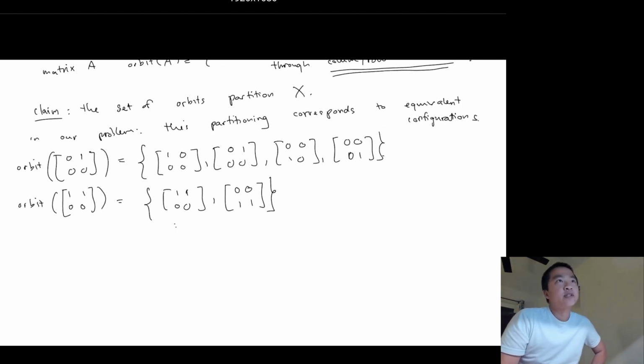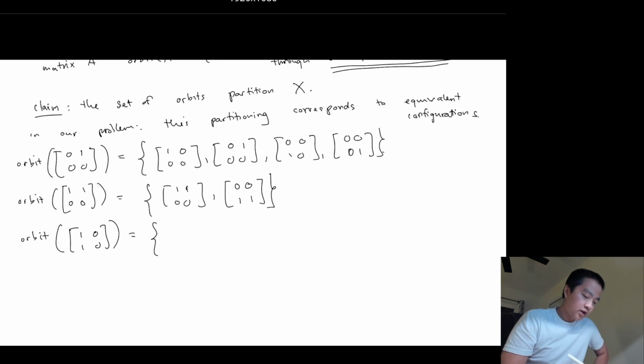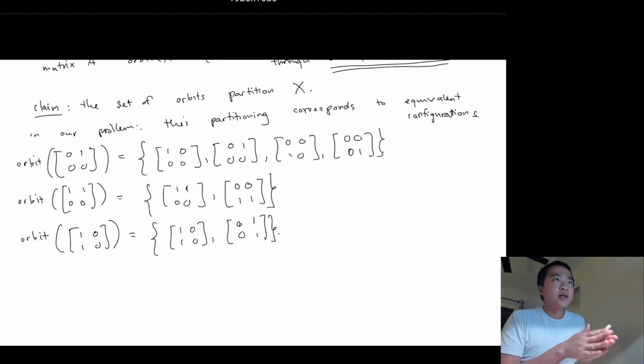Let's check. Now let's do another. The orbit of 1, 1 in the first column and 2 0s in the other is similar. Again, the set of functions here is row and column exchanges.